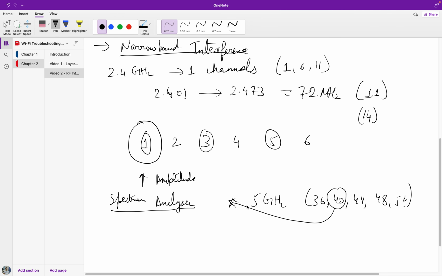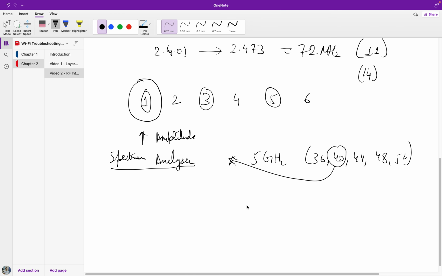I can do a redesign of the channel schema, and next time I can use 36, 44, 48 and 52, till the time I am able to remove that source physically from my network, the source of interference. And that's kind of a solution to implement if you have a narrow band interference. The other solution is definitely to go and remove the interference source completely from the network, right?